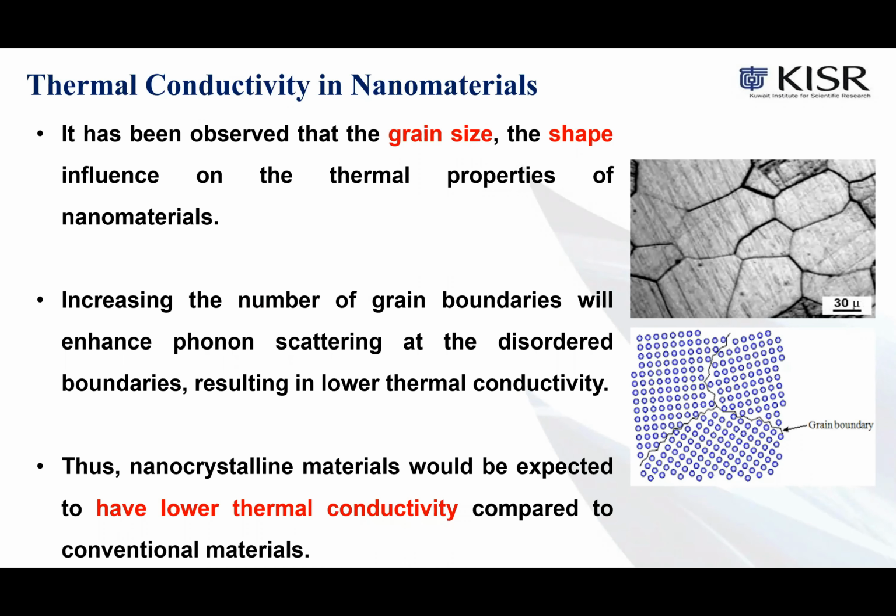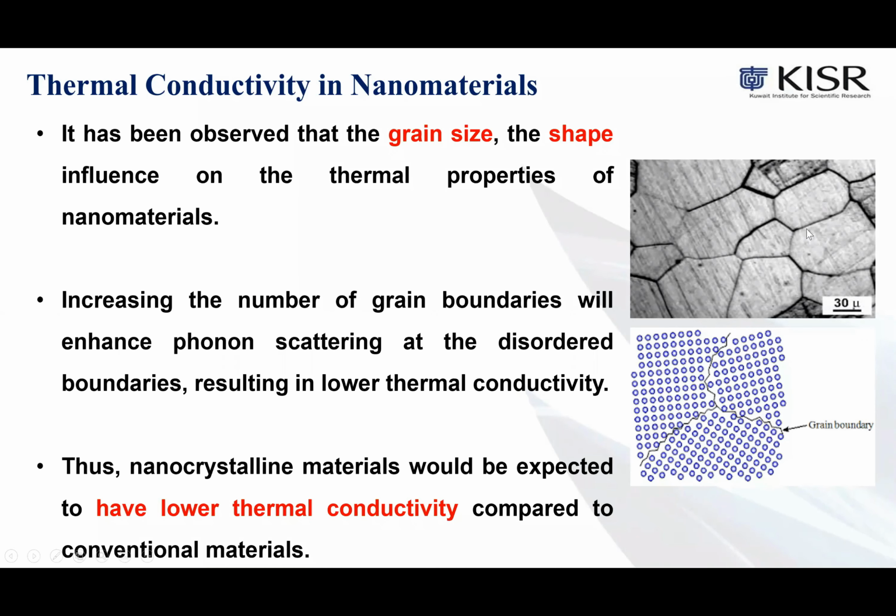Therefore, they vibrate thermally more easily than the atoms on the inside, and this leads to a higher probability of melting. It has been observed that the grain size and shape influence the properties of the material.